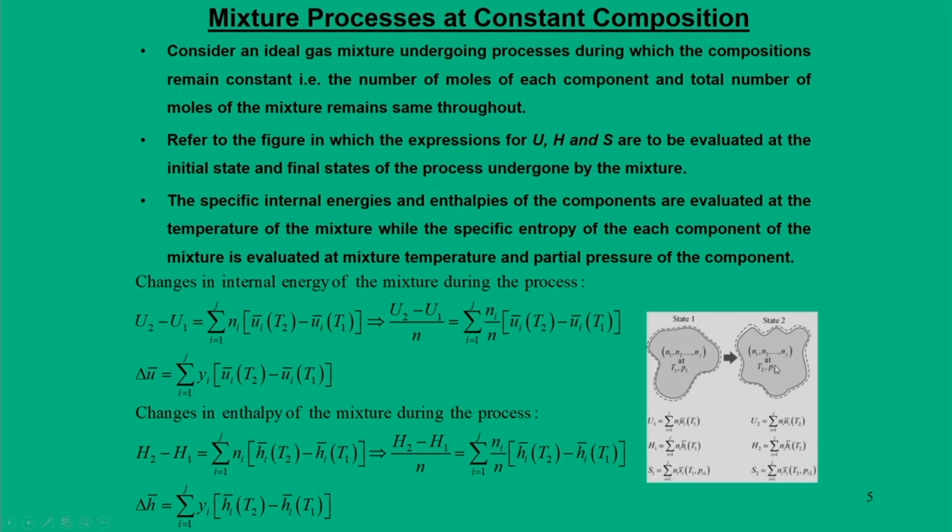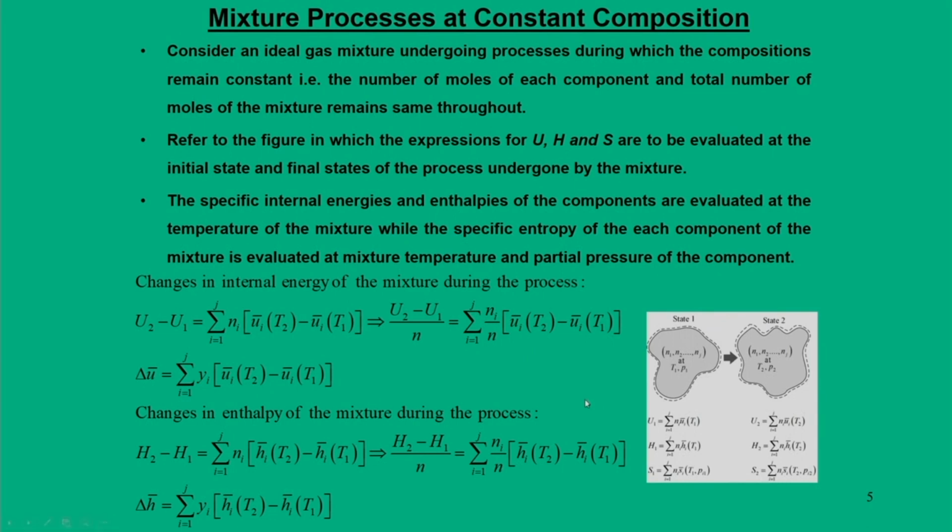Now there is a change of state, but at the same composition. The composition does not change, but the pressure and temperature change. Because of this change of state, we have changes in energies: initial internal energy U1 and final internal energy U2, initial enthalpy H1 and final enthalpy H2, initial entropy S1 and final entropy S2.